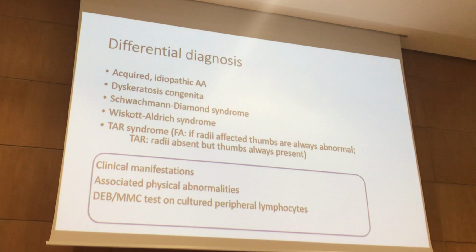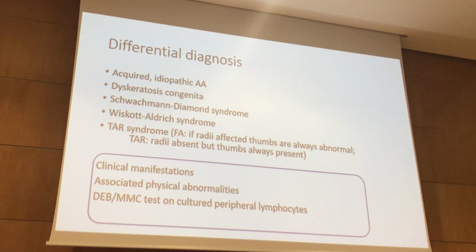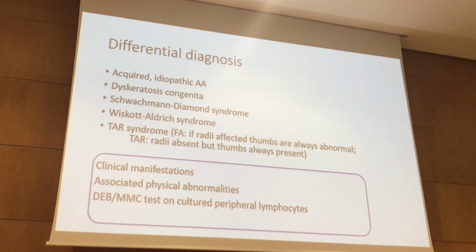How shall we differentiate? Well, with the clinical findings, with the physical abnormalities, and DEB or mitomycin tests on the cultured lymphocytes for karyotyping, and also with the Fanconi gene analysis.